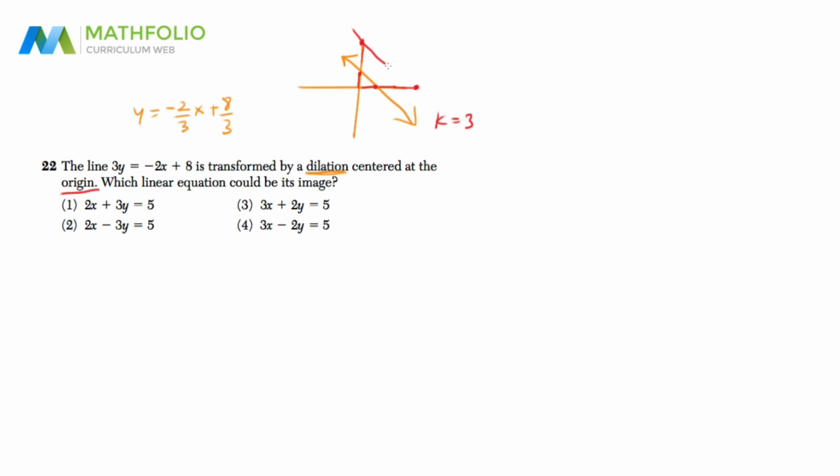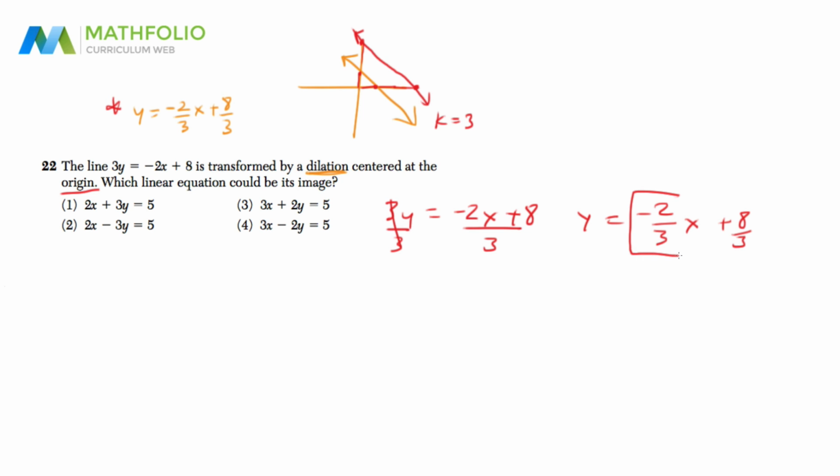So what effectively happens is that we end up with parallel lines. That's the key for this question, that after we take our 3y equals negative 2x plus 8, and get it in y equals mx plus b form, we divide by 3 and divide by 3. This is what we did right up here in orange, where we get y equals negative 2 over 3x plus 8 over 3.